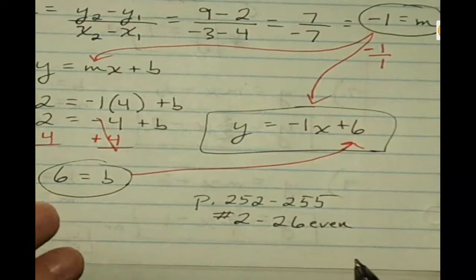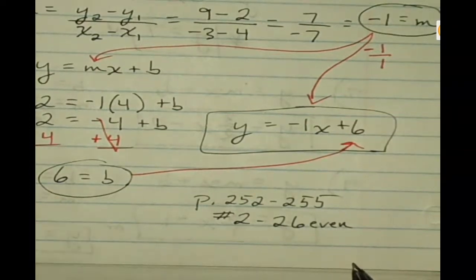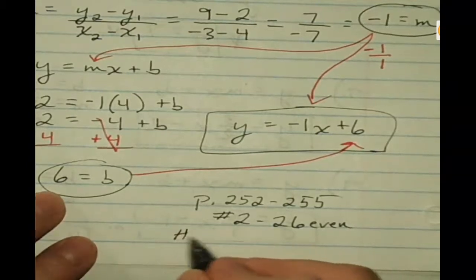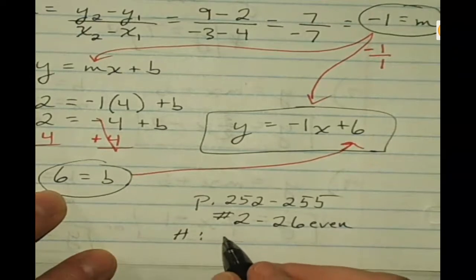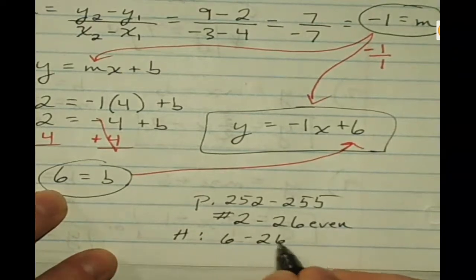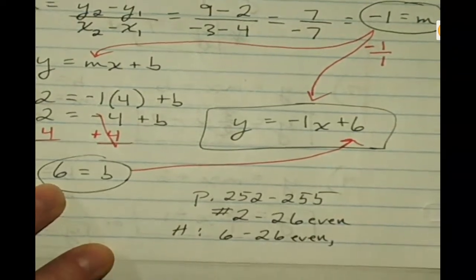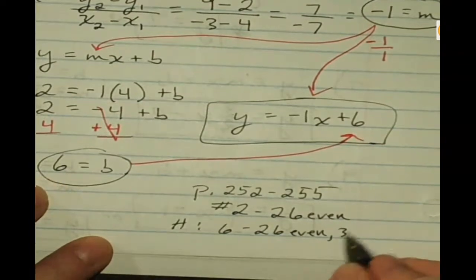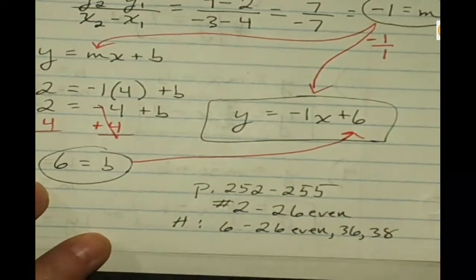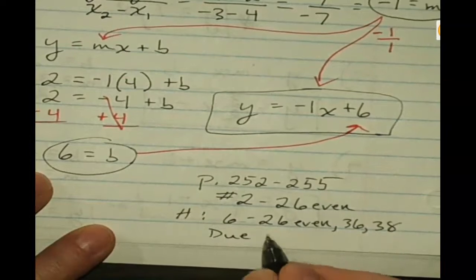That's 13 problems. Honors, 6 through 26 even, plus 36 and 38. This is due Friday.